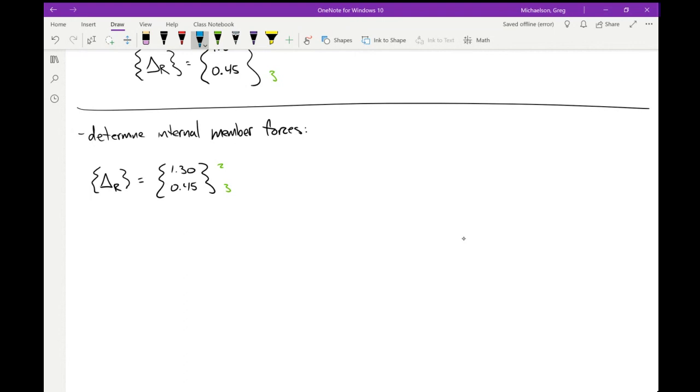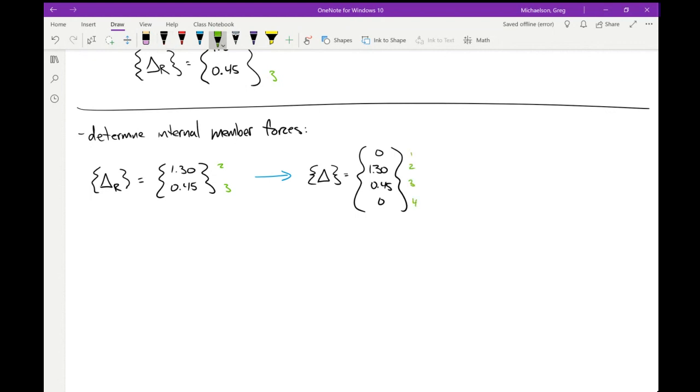So what I'm going to do is form a big old displacement vector for the whole system, right? And that big old displacement vector is basically going to be the same thing, just putting zeros on all my joints that have support conditions.